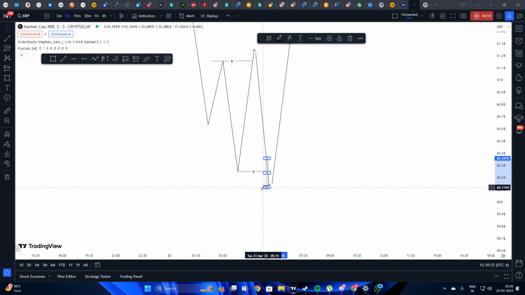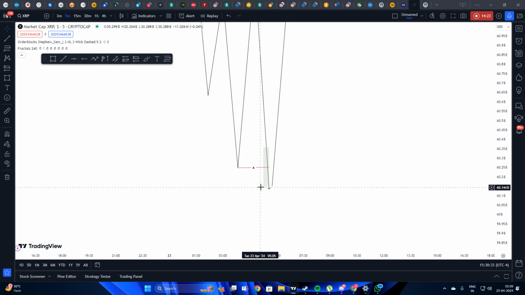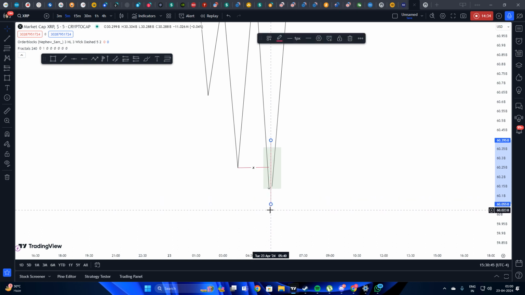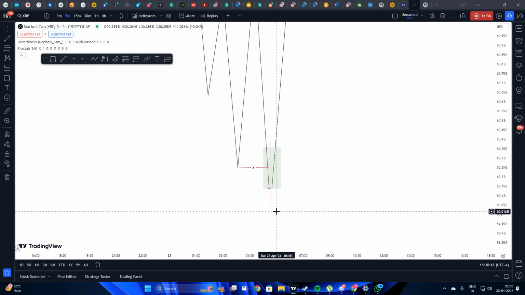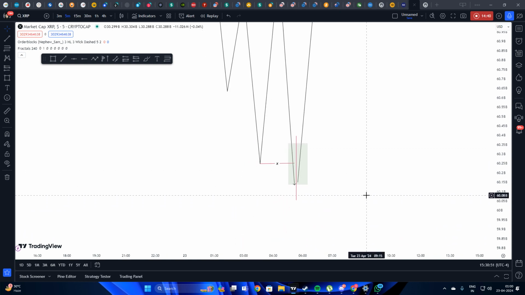At least 80% of the time, the market should close below in here, even by a minute percentage, and it's going to form a wick, even if it's the smallest. The fractal will show that this is an absolute low.